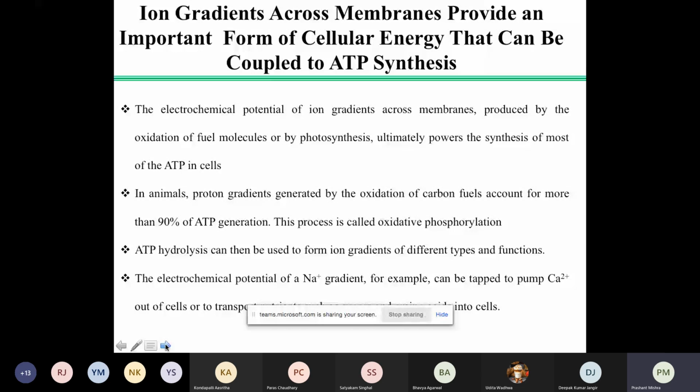As you have already learned, do you remember, it was the sodium potassium gradient. So if a sodium ion gradient is created, you can pump different molecules. You can pump glucose molecules in certain cases. In some cases, you can pump calcium ion out of the cell.